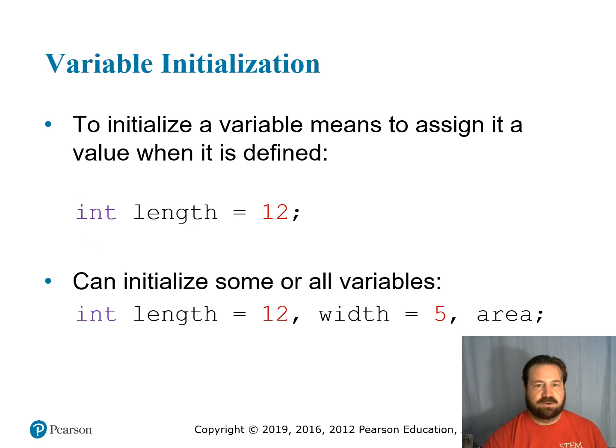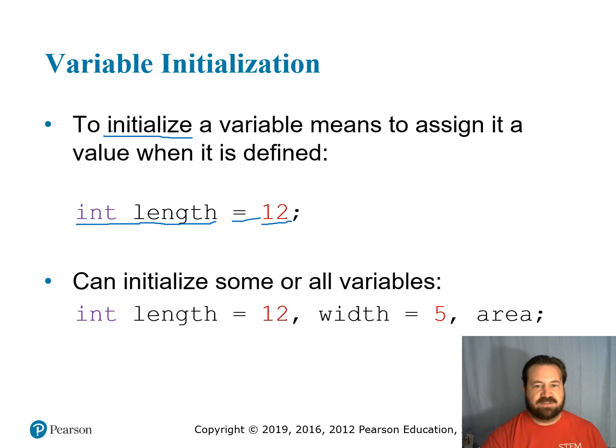You can also initialize a variable, set it to an initial value by putting an equal sign and a literal in the same line as your variable declaration. In fact, it doesn't even have to be a literal. You could use another variable here. You could say int length equals height times 2. Okay, if you want length to always be twice height or something like that.